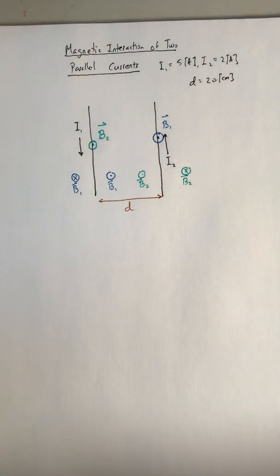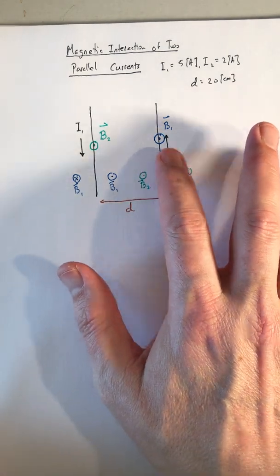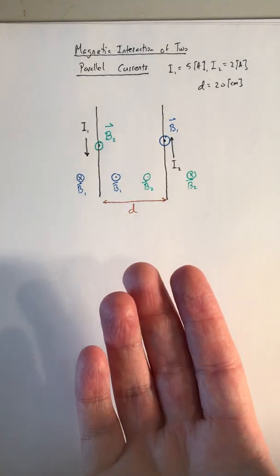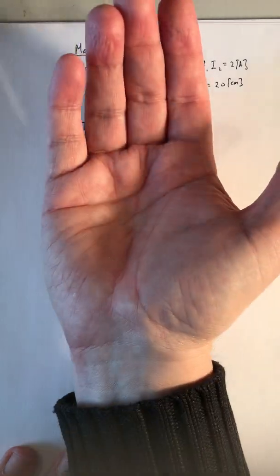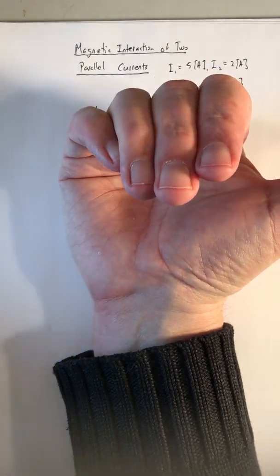So now let's work out the directions of magnetic forces. So the magnetic force on current 2 due to magnetic field 1, I've got current 2 going up the page, magnetic field 1 coming out of the page. So the force on 2 due to 1 is going to point to the right.